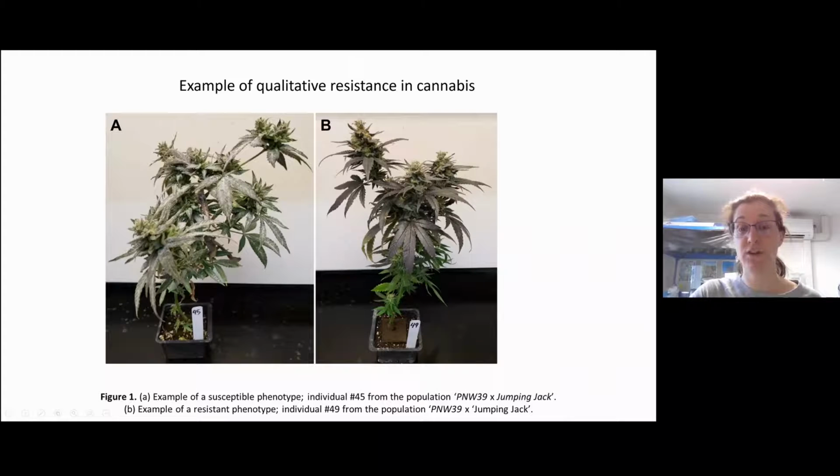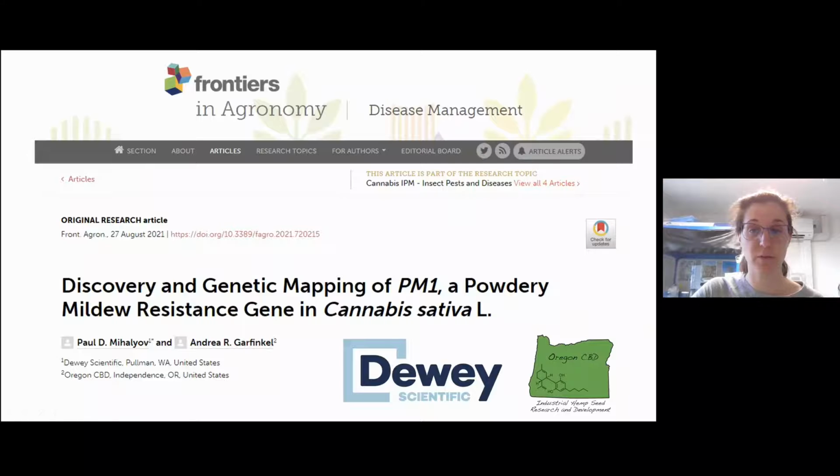Clearly, this is a very strong R gene that is able to detect and fend off attack by the hemp powdery mildew, Golovinomyces ambrosiae. This image is from a paper that was a result of a collaboration between me and another scientist at a cannabis company located in Pullman, Washington, Dewey Scientific.